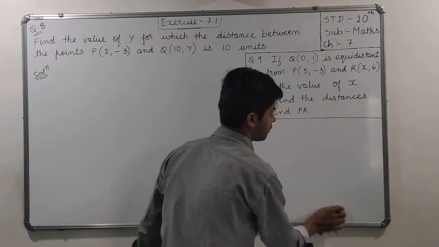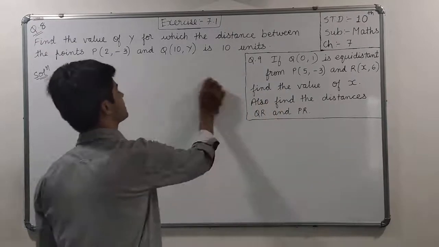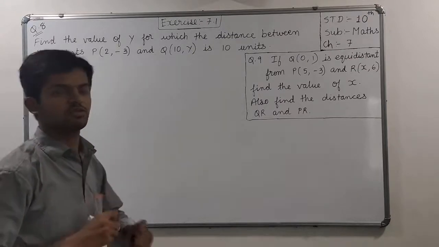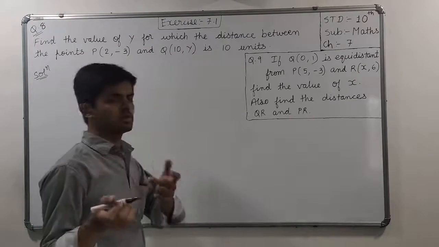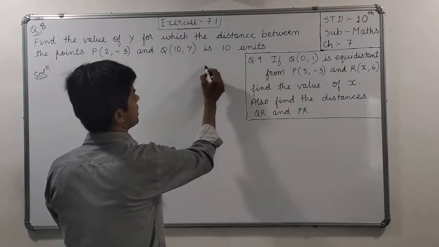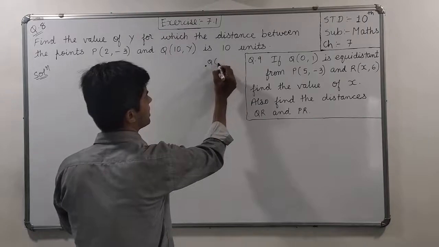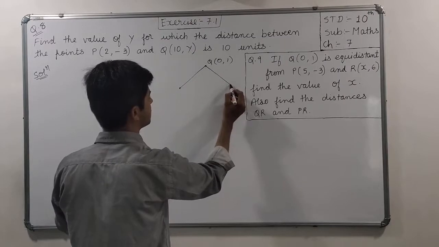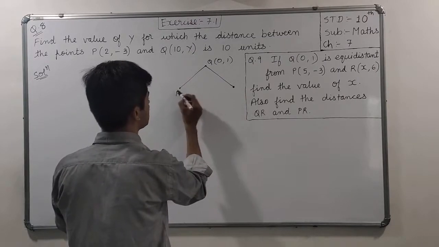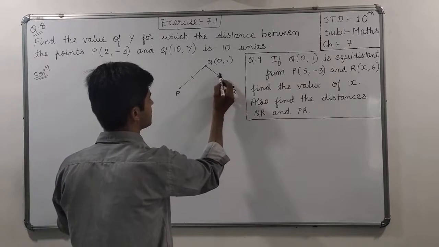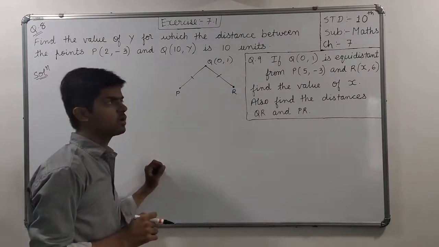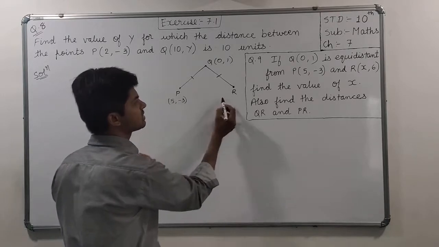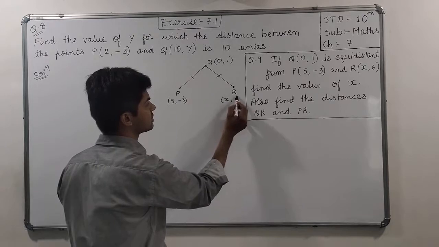Q वाला जो पॉइंट है Q (0, 1) that is equidistant from P and R. So for your simplicity and understanding purpose, let us draw one simple figure which is not necessary for you, right? ये आप अपनी बुक में नहीं करोगे तो चलेगा, ओके। ये Q वाला पॉइंट है, what is that? (0, 1), ओके। वो क्या है? ये P and R, ऐसे कहीं पे भी दो पॉइंट्स हैं P and R, उससे क्या इक्विडिस्टेंस, ये जो डिस्टेंस है वो दोनों सेम है। The coordinates of P are (5, -3) and R के coordinates (x, 6).